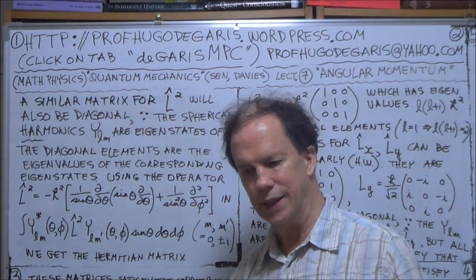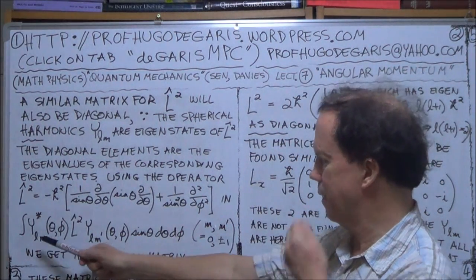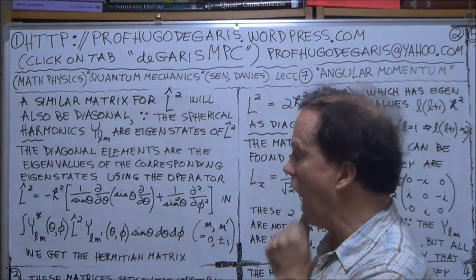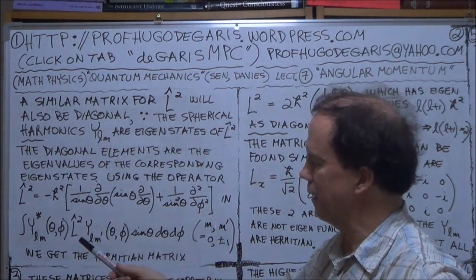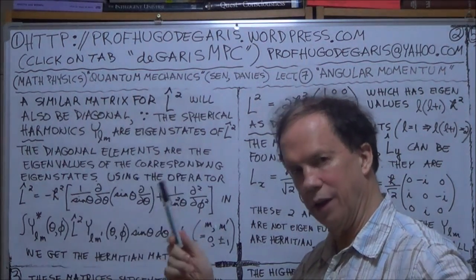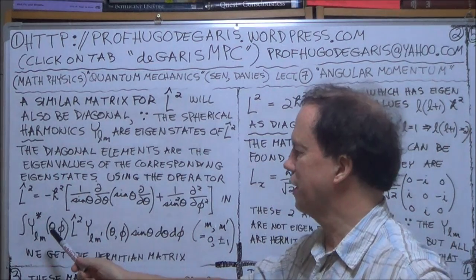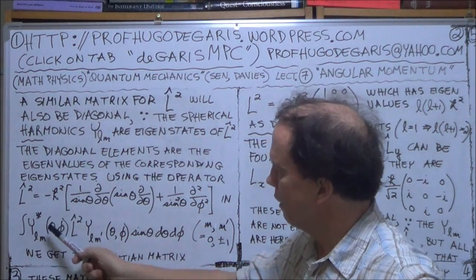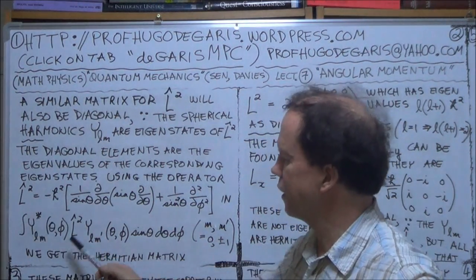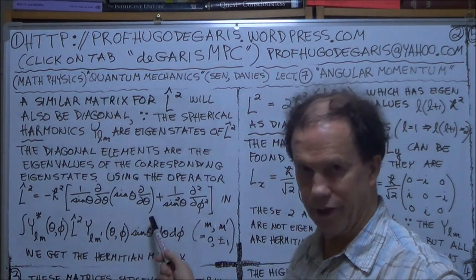And by doing this kind of thing, we defined earlier the equivalence between a Hermitian operator and a Hermitian matrix. We found the matrix element by having an eigenfunction operate on an eigenfunction, well, the overlap integral effectively.